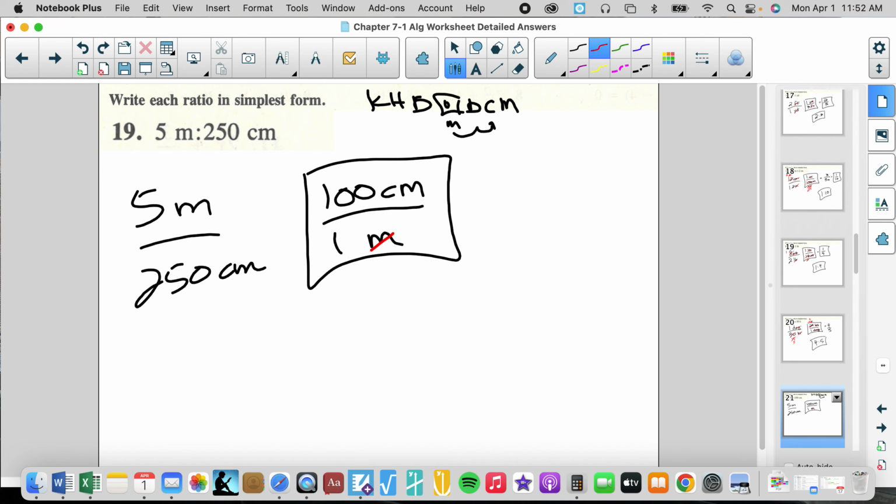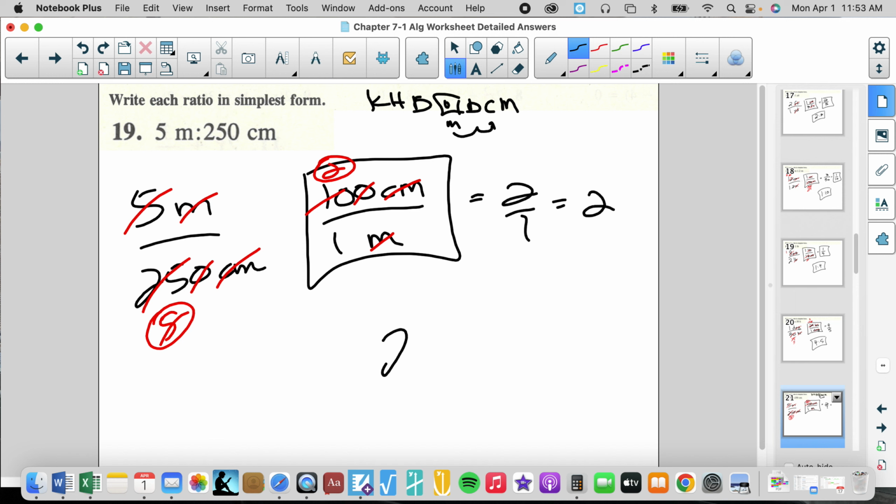We're going to cancel the meters, the centimeters, one of the zeros, the 5 and the 25, which makes 5, and then cancel the 5 and the 10 to 2, and we get 2 over 1, or 2 to 1 for 19.